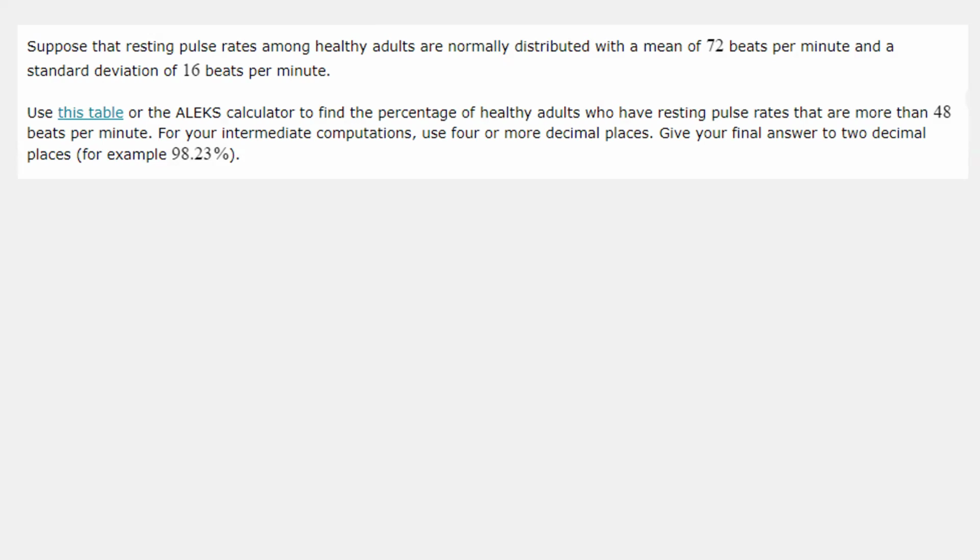So I say, okay, well, 72 minus 16 is 56. Minus 16 again is 40. Darn it. So I'm less than 2 standard deviations away from the mean, but greater than 1. So I need something else as a tool.